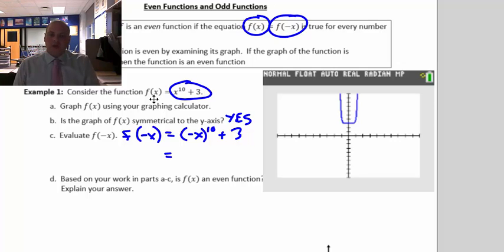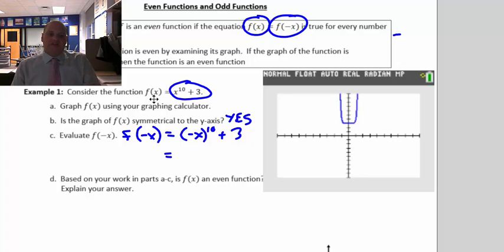Okay, so what happens when you take a negative x and you raise it to the 10th? Well, what happens when you take any negative number and raise it to a power? Negative times a negative is a positive, right? Times another negative is a negative. Times another negative is a positive. Times another negative is a negative. It alternates.